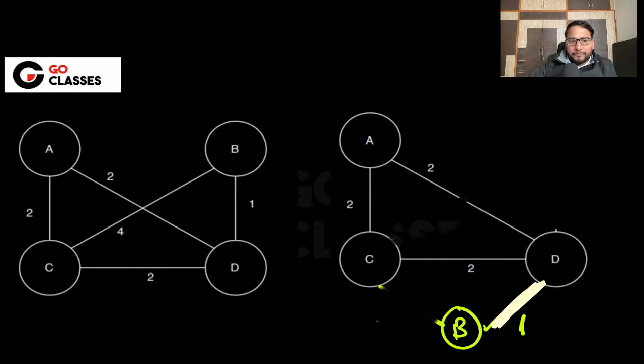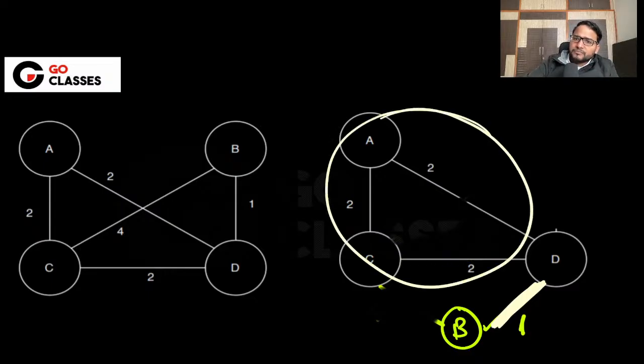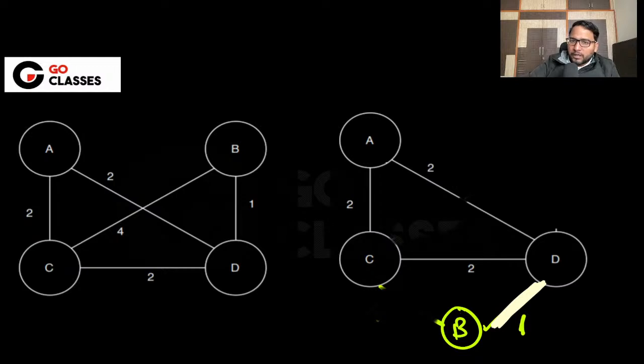And now if you take this 2, I mean, these are the three choices. If you want, you can use this. This is one way to connect all this. This is another way.